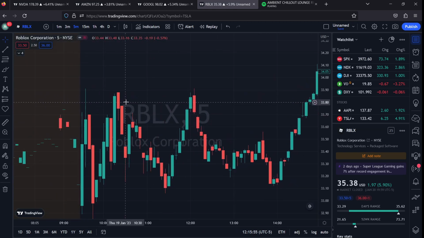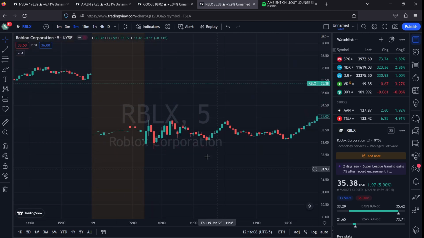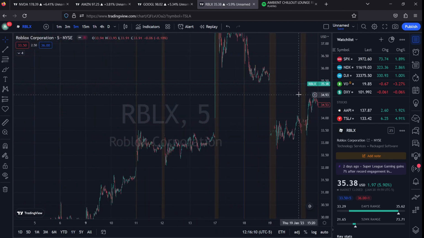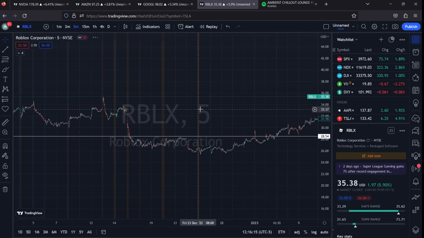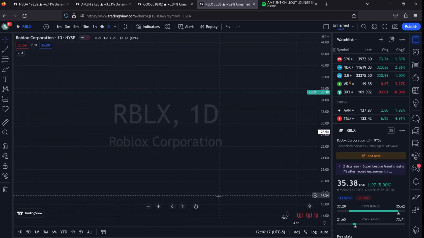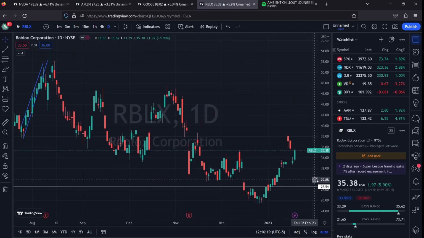I'd say two or three confirms that it's a level. For longer term levels, I'd say you want to see anywhere from 5 to 6 days where the level is consistent. So if you go to the daily time frame here, that's how you usually get your longer term levels.